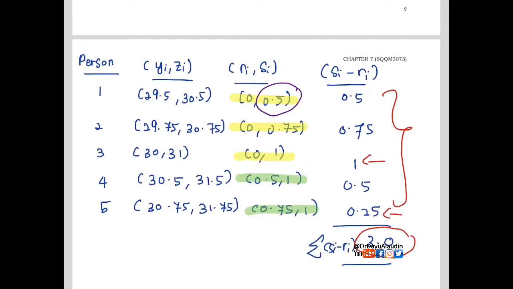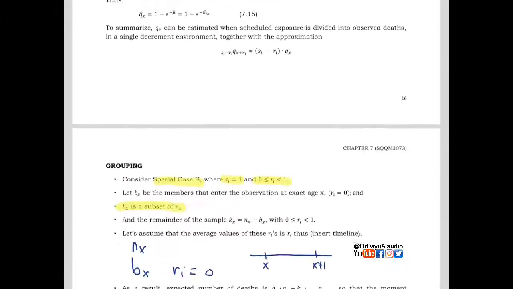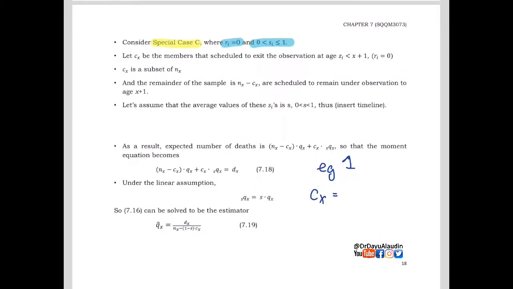Si for person 1 and person 2 is between 0 and 1. So for example 1, the Cx is equal to 2. Person 1 and person 2. This is how we group the participants according to the Ri and Si for which special case. Thank you.